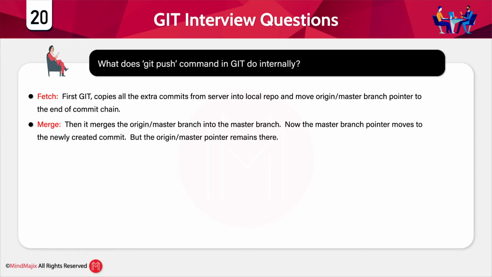Then it merges the original master branch into the master branch. Now the master branch pointer moves to the newly created commit.